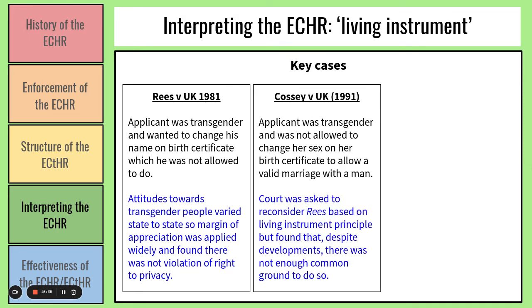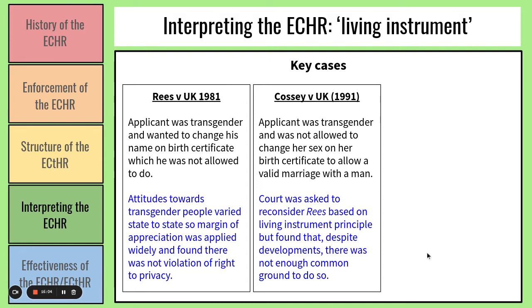Then in Cossey v UK, 1991, so 10 years later, once again the applicant was transgender and was not allowed to change her sex on her birth certificate, which would then allow her to marry a man legitimately. It would not allow a valid marriage with a man if her gender was male on her birth certificate. Obviously, gay marriage laws have changed now, but this was back in the 1990s.